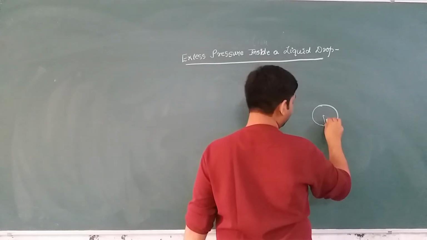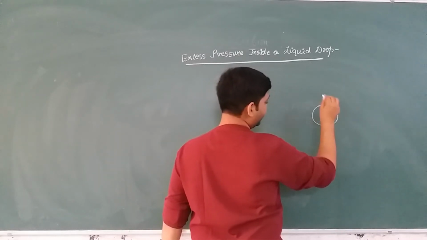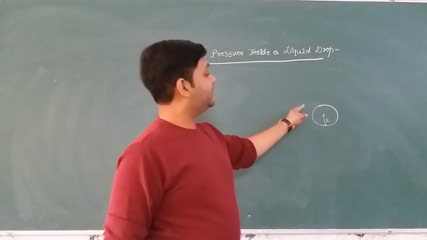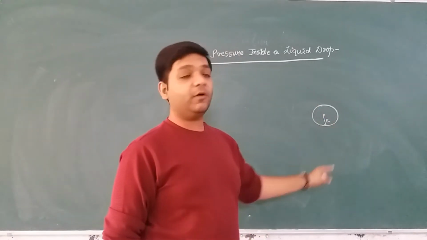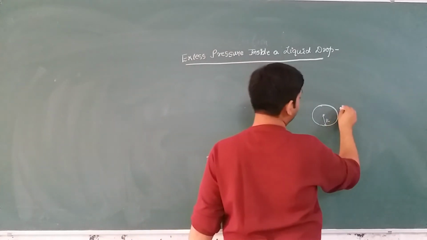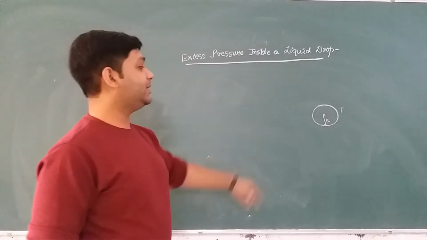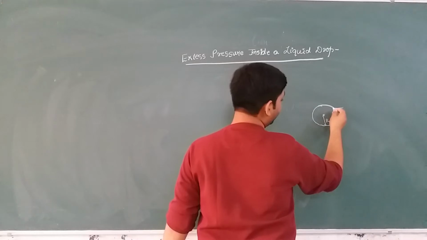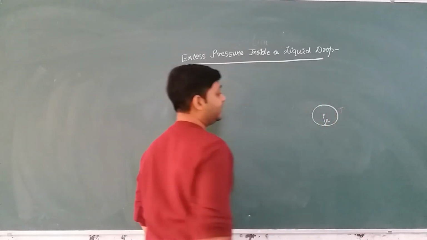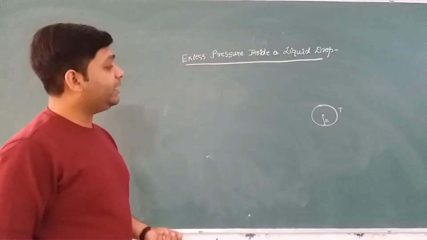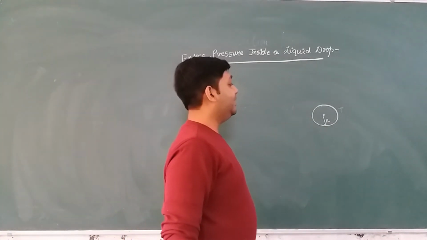This is the center, and the surface tension of the liquid of which this drop is made, let's say the surface tension is T. So this is a spherical liquid drop of radius r of a liquid having surface tension T. Now we need to see what is the value of excess pressure inside the liquid drop.